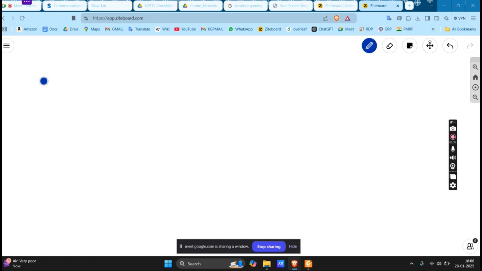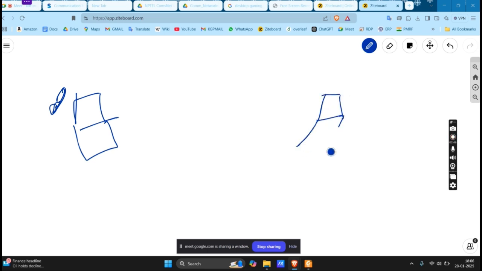So we have one computer here, and say there is another computer sitting somewhere else in a very far away location. If they were nearby, they could have been directly connected using a cord.